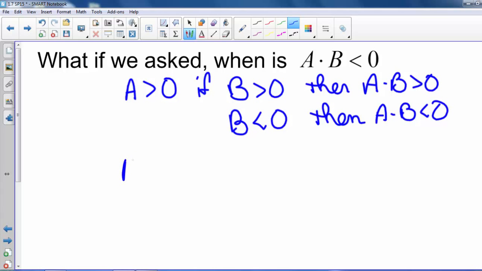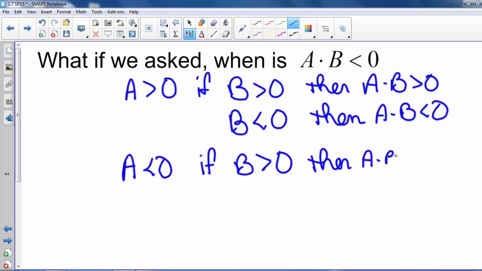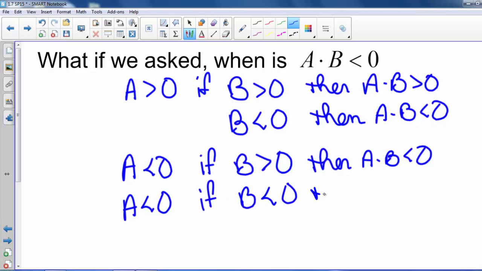On the other hand, if a is less than 0, then if b is greater than 0, a negative times a positive will give us a negative. And if a is less than 0 and b is less than 0, then two negative numbers multiplied together give a positive.